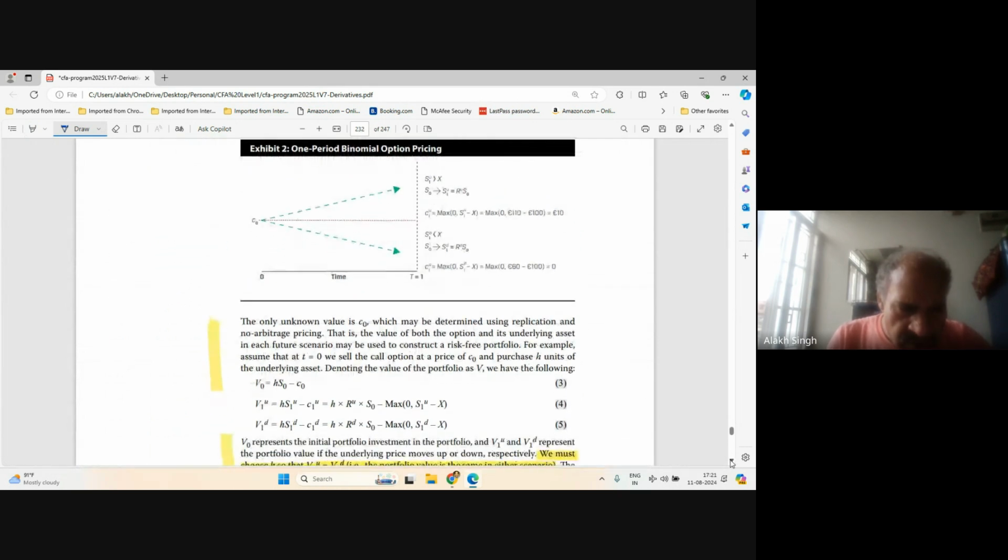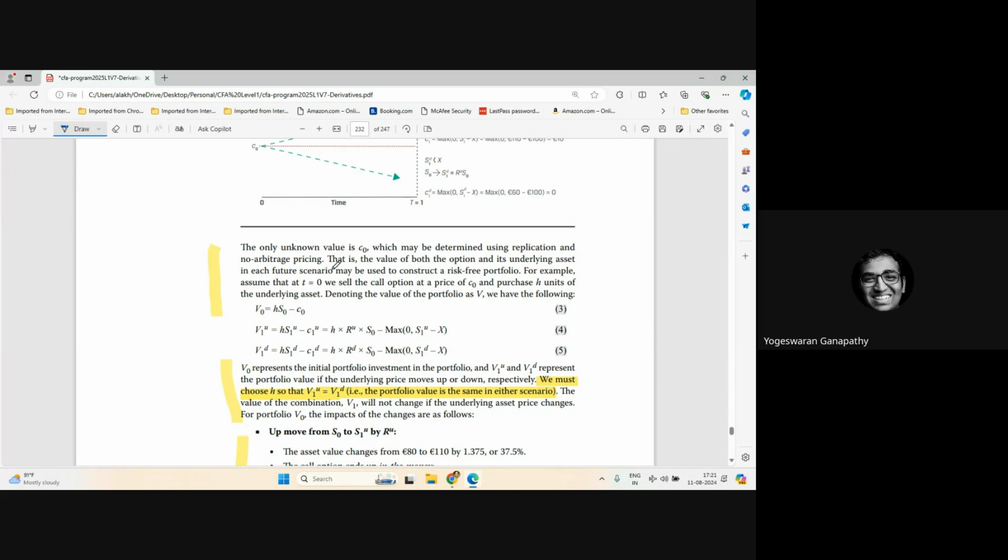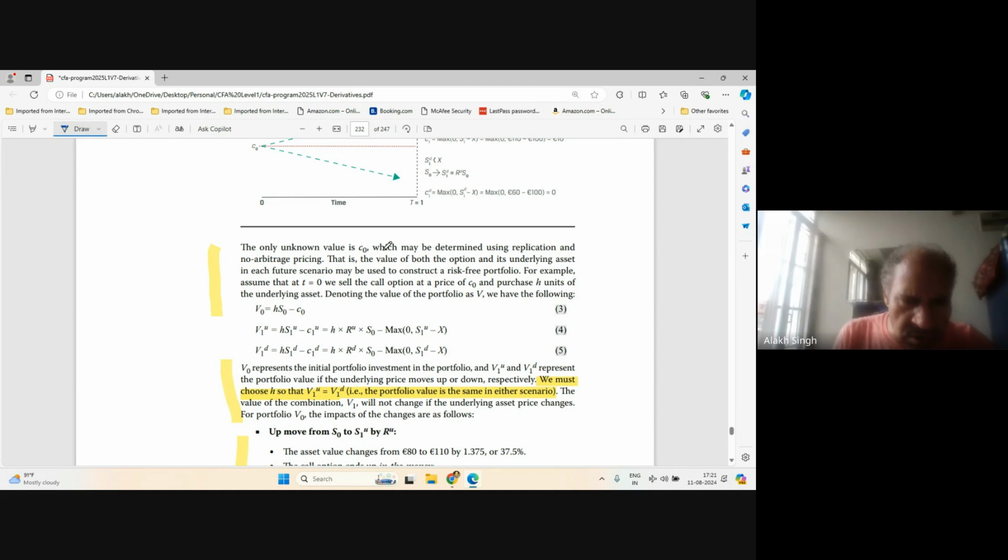So what are we going to do now? In order to calculate the risk neutral portfolio, what will we do? Only C0 is unknown right now, which may be determined by using replication of no arbitrage pricing.